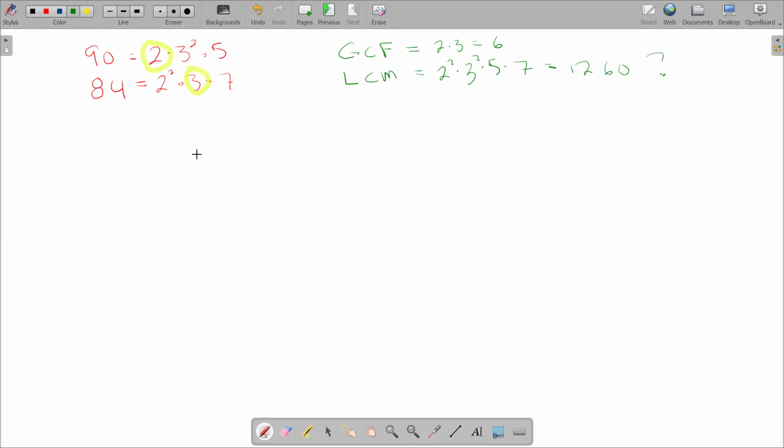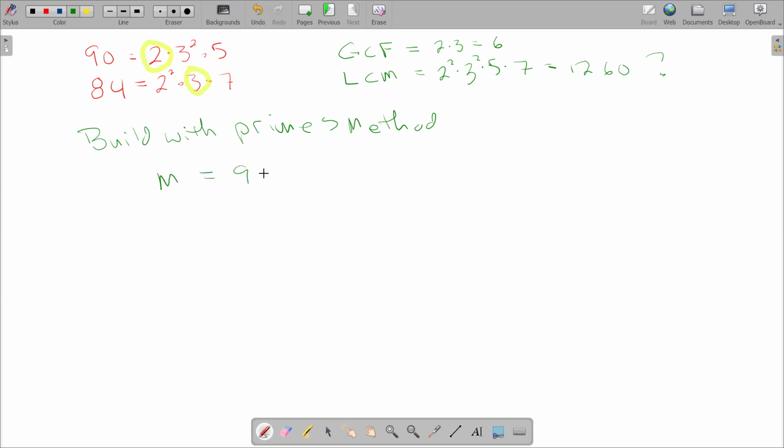So now I'm going to do it with the other method by building it. So this is my build with primes method. And in the build with primes method, you basically pick a number and write down all of its factors, right? I'm looking for a multiple of 90.